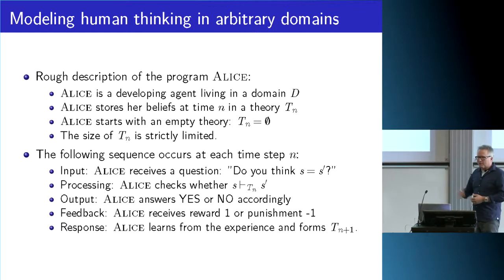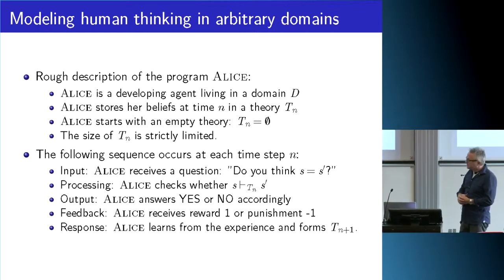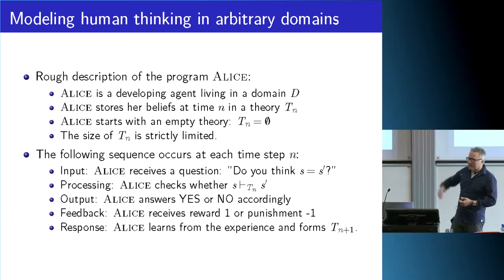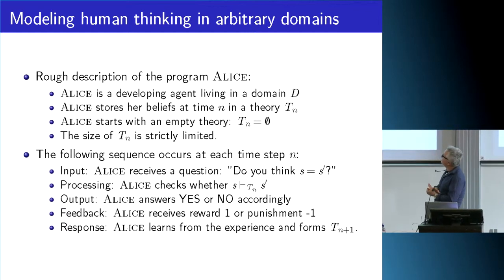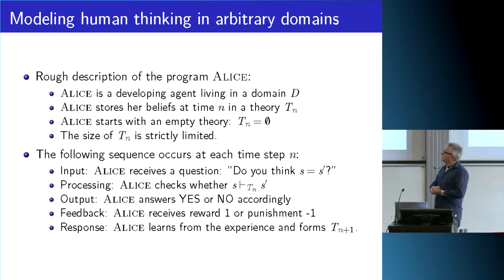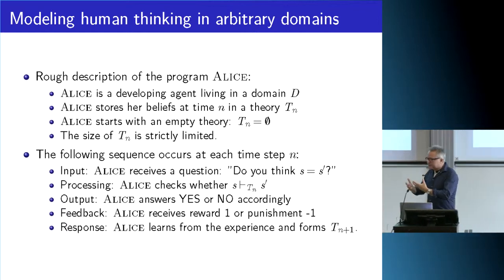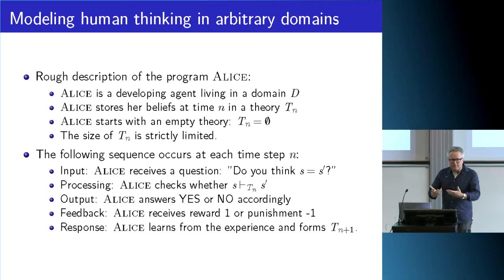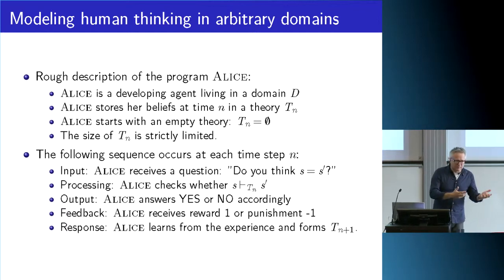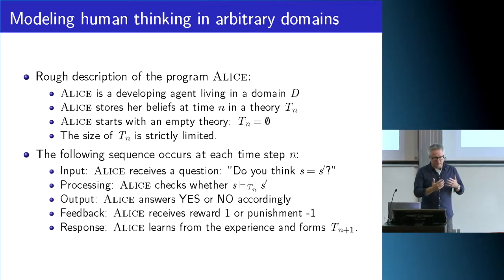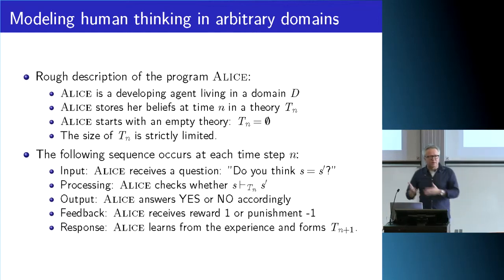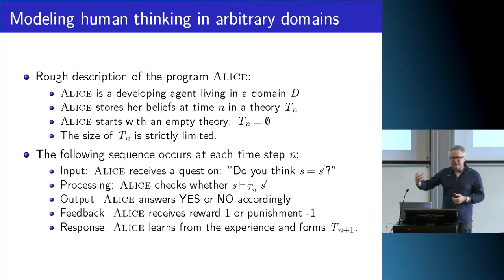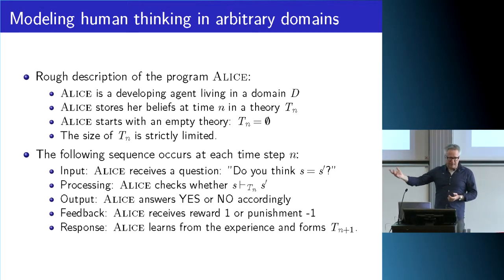And this is what our program Alice does, and this is how it works. So Alice is a developing agent, which means that Alice has a set of beliefs which develop with time. Sometimes some parts of the theory will be removed, thrown out of the belief sets, and some other beliefs will be added. So it's a dynamic thing, something that learns just like a baby, for example.